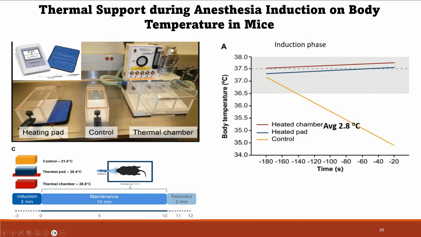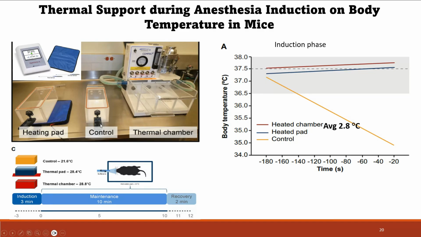For example, the thermal chamber, which is actually the induction chamber that was built into the anesthetic system, and the third group is where the authors used Ken Scientific's Right Temp FIR-based warming pad and just placed it below the induction chamber.